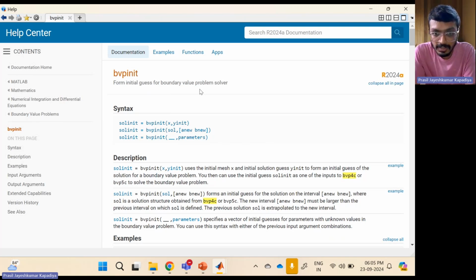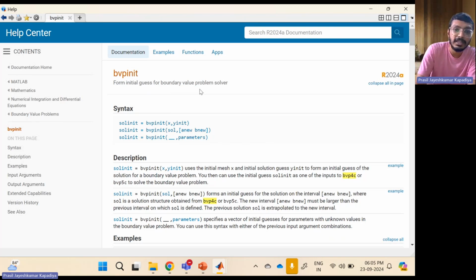To solve this kind of equation, we need some initial guess. If you remember, we learned the finite difference method. We see that we need the value at the i plus 1 location. If we are following central difference, we need the value at the i plus 1 location and the i minus 1 location. So we need some initial guess, and the use of this bvpinit function is that it forms an initial guess for the boundary value problem.